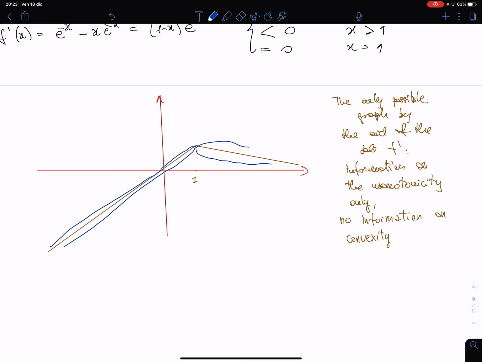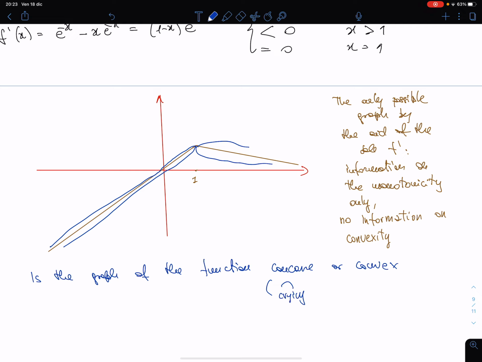Is the function concave or convex, which means concave is like that, crying, or like that, convex, smiling? This is an important question to be addressed, and we will study it.